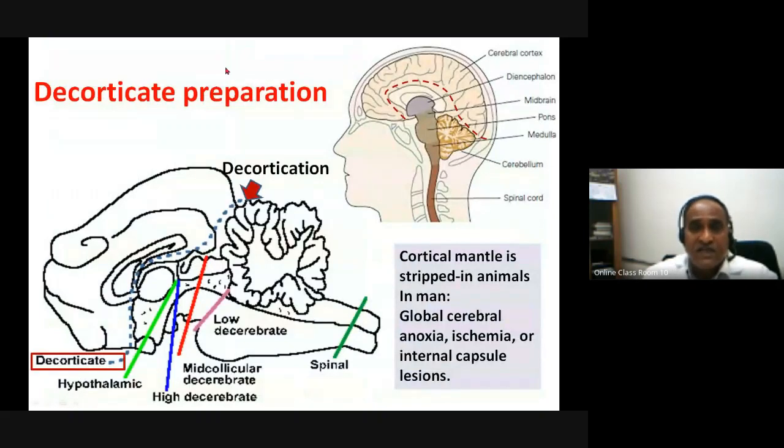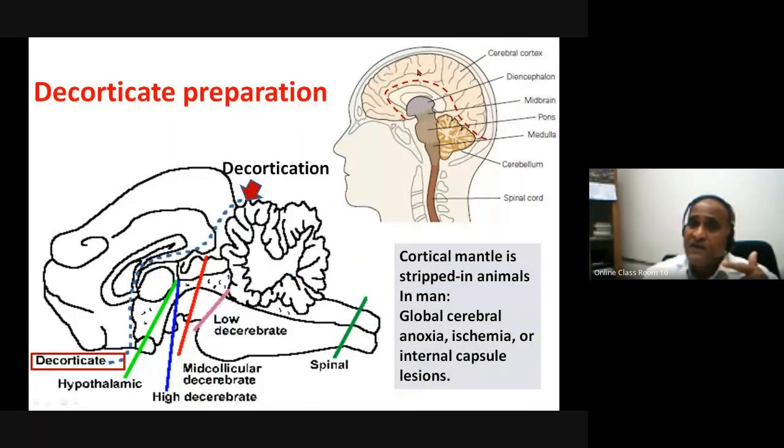Now, the decorticate preparation. I have already given a number of slides showing the different levels. In the decorticate preparation, this entire part is stripped off in an animal, and in man this entire part is removed.